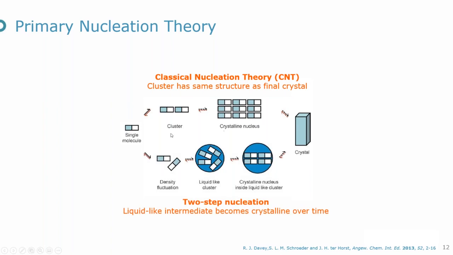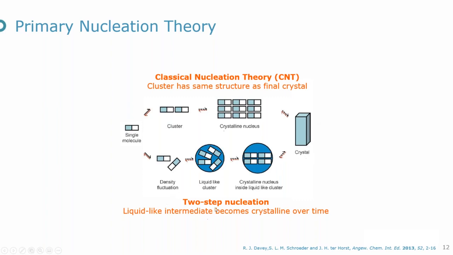But more recently, a second theory has been hypothesized involving the density fluctuation of molecules in solution, and those become a liquid-like cluster, so still no order in the liquid. Over time, this disordered cluster becomes an ordered crystalline nucleus. Finally, it removes the solvent around it and becomes a crystal in the end.